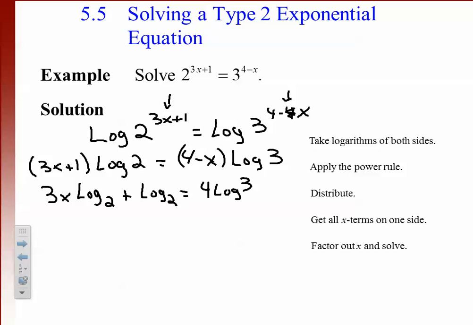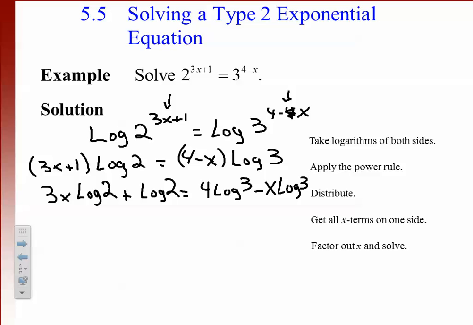Oops, I'm writing those wrong, it should have been 4 log 3, not base log. So we need to get all of the x terms on one side. To do that, we just add x log 3 and subtract the log 2.